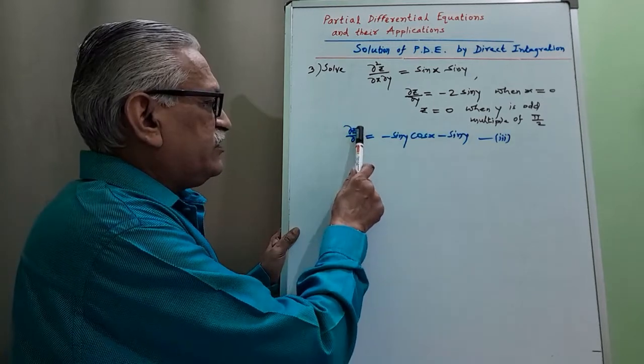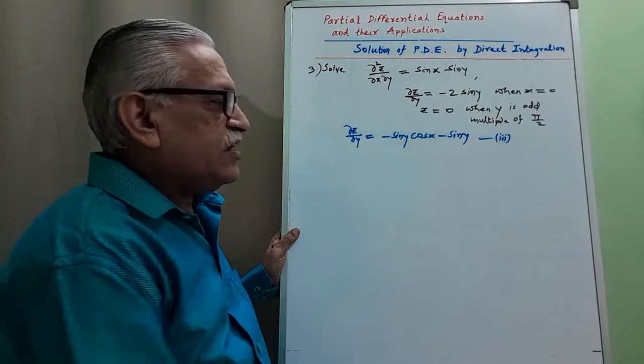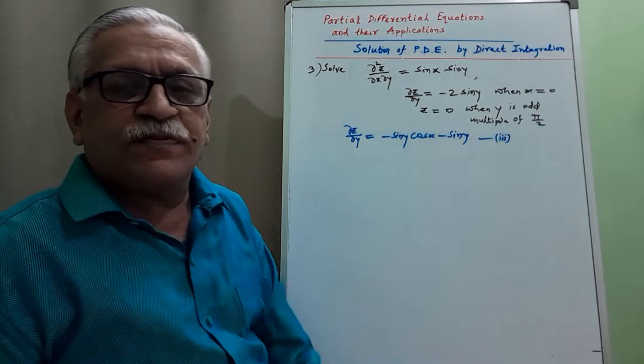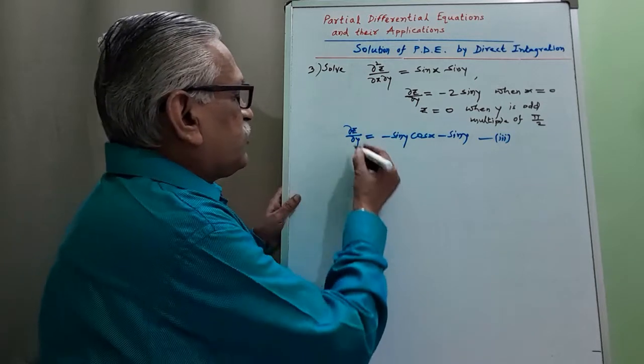We have equation 3 as ∂z/∂y is equal to minus sin y into cos of x and minus sin y. And then to obtain the value of z, we have to integrate it with respect to y.